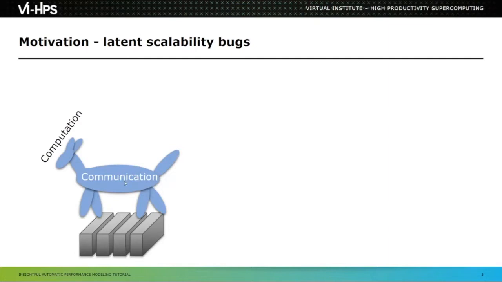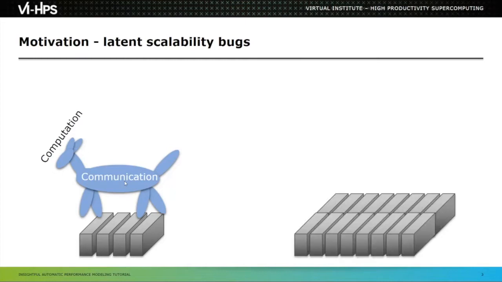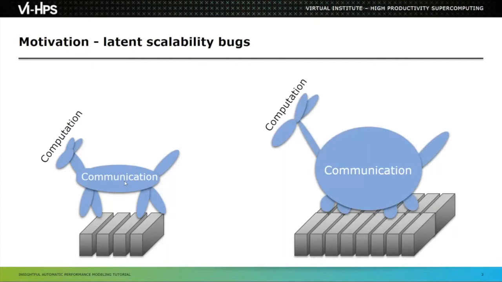So we do testing on a small cluster, and if it works fine, we want to scale our program. So we go to a large machine, and then suddenly when we run our program, we still have the same amount of computation that we want to do, or maybe a bigger problem, but suddenly we have much more communication overhead, and we're not exactly sure where this comes from. That's exactly where ExtraP comes into play.